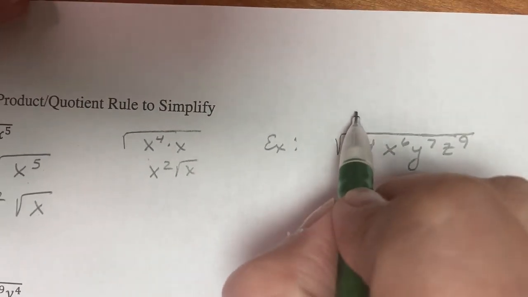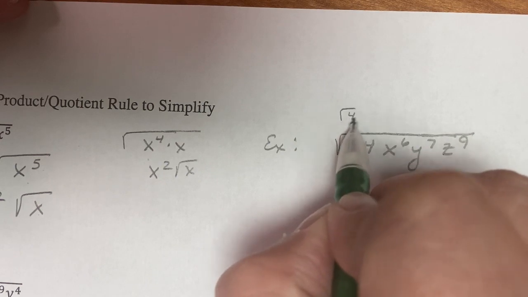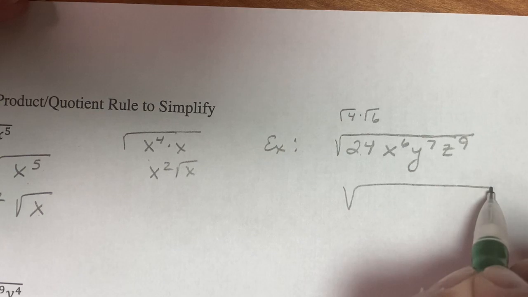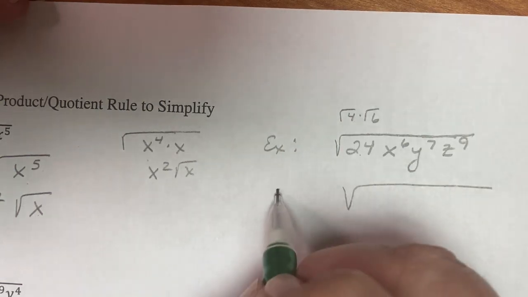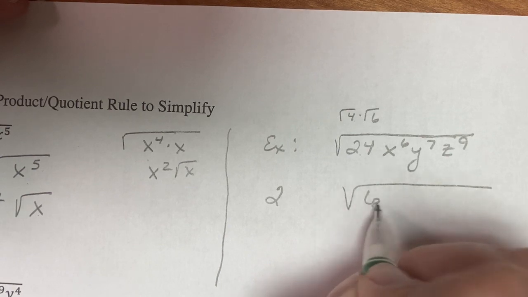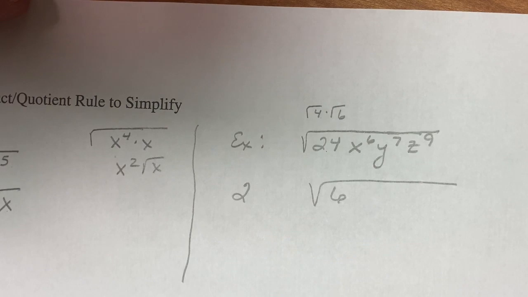Well, 24, what's the largest perfect square that divides into 24? It's 4. So that becomes the square root of 4 times the square root of 6. So the square root of 4 is 2 is going to come out, and the root 6 stays underneath. All right, so that's just the numbers.